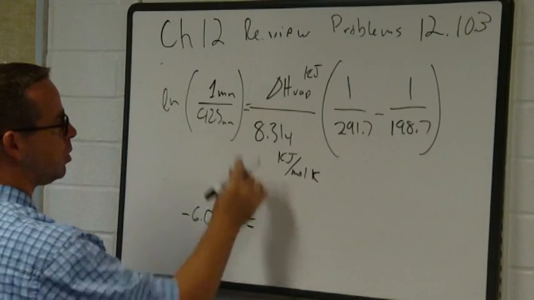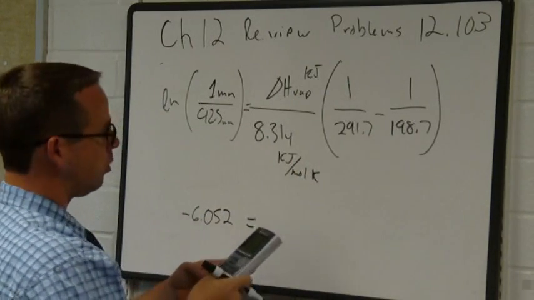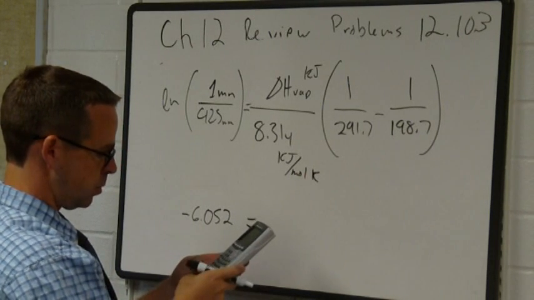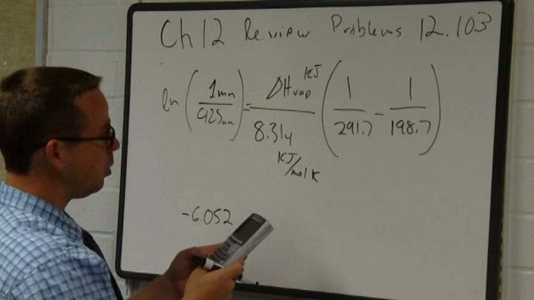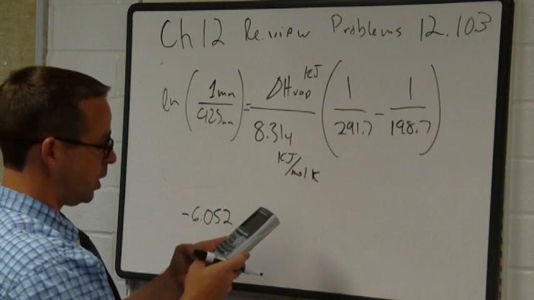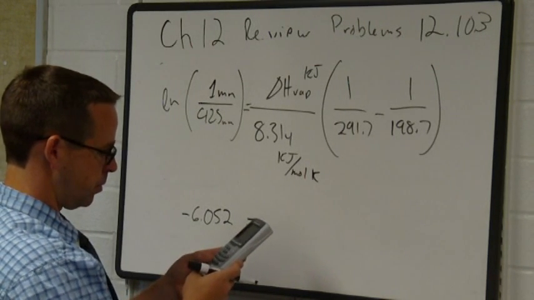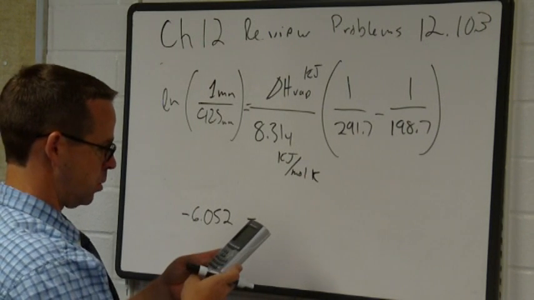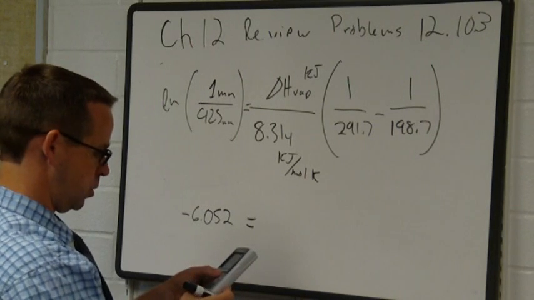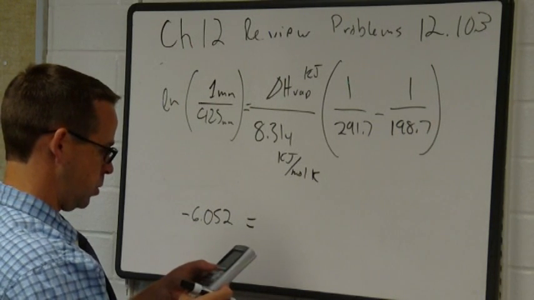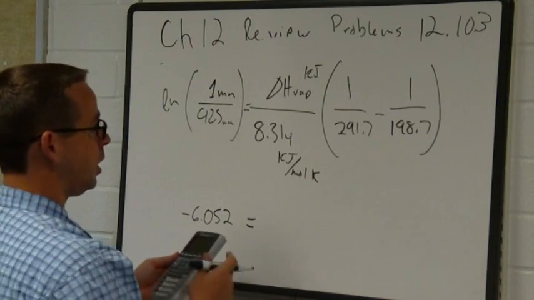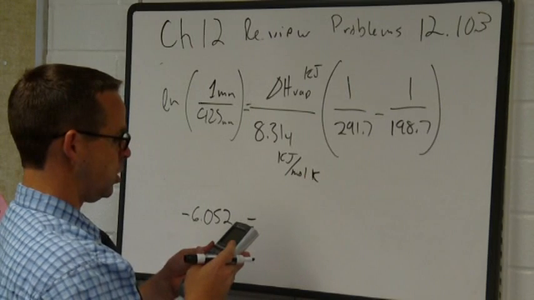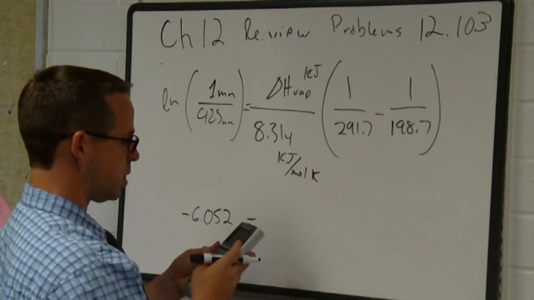Equals 1 over 291.7 minus 1 over 198.7. So I'm getting negative 0.001604.